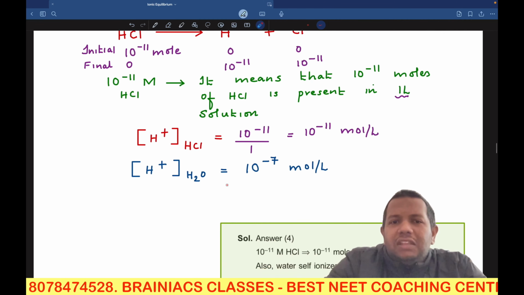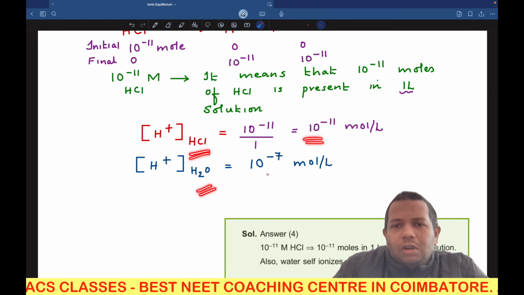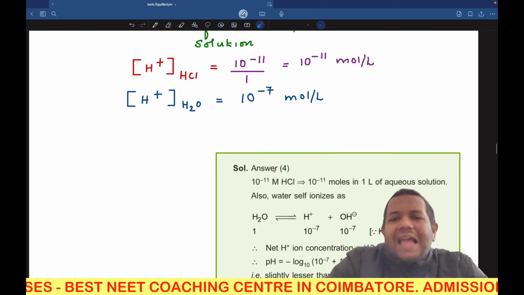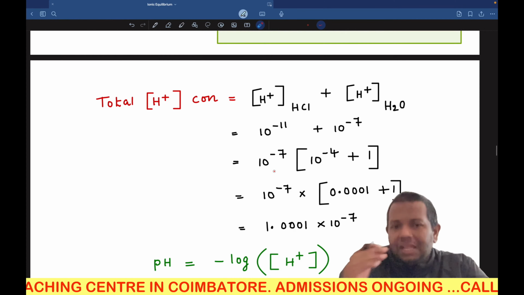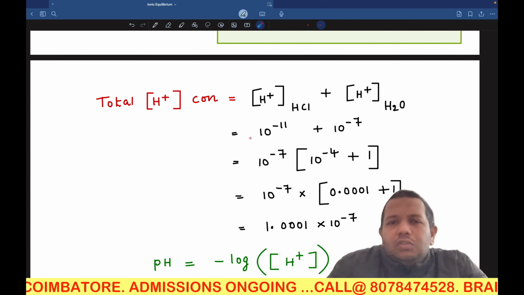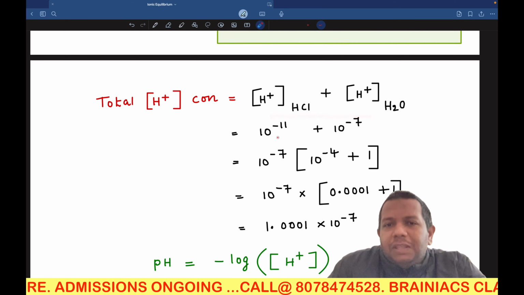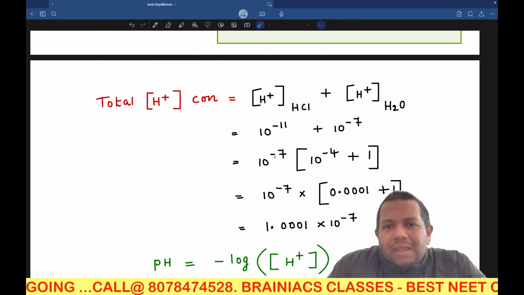We will calculate the H plus ion concentration due to both HCl and water, note it down, and then add these two, because we need the total H plus ion concentration. Only then can we find the pH of the entire solution. While adding, please don't roughly add it as 10 power minus 18. Take 10 power minus 7 common.